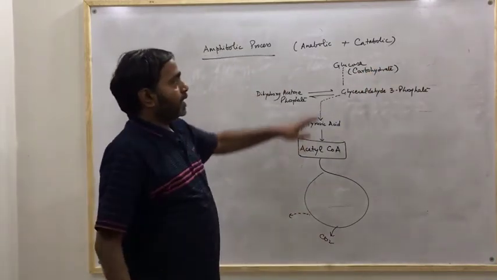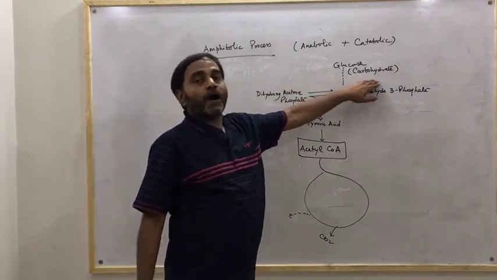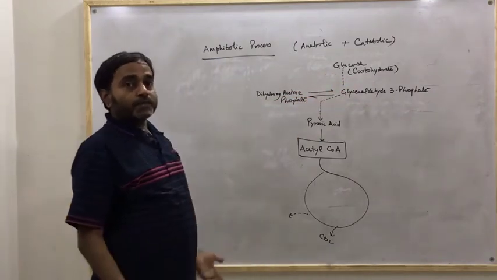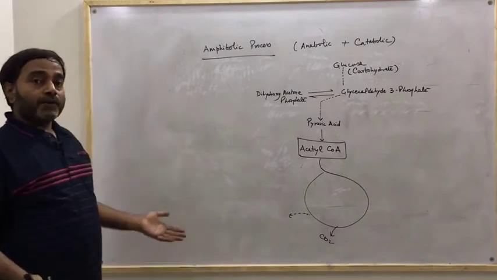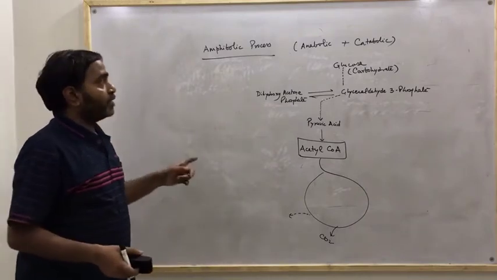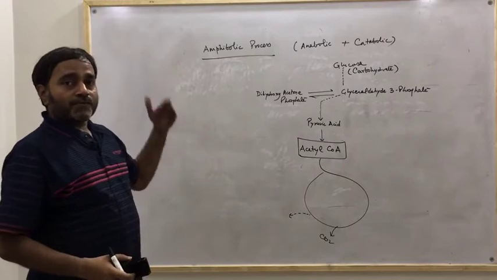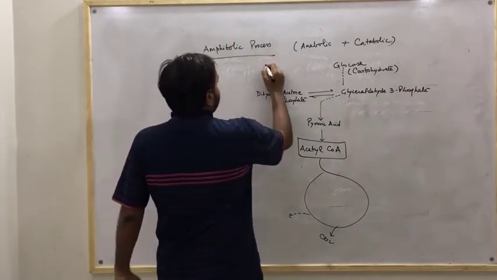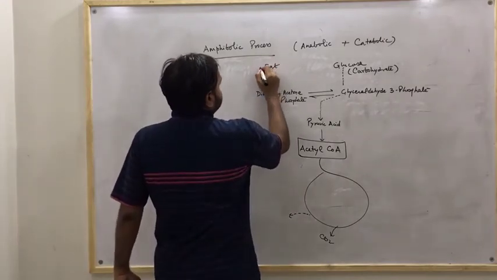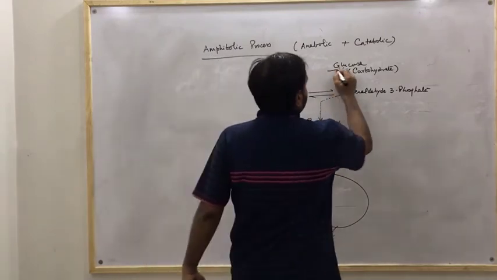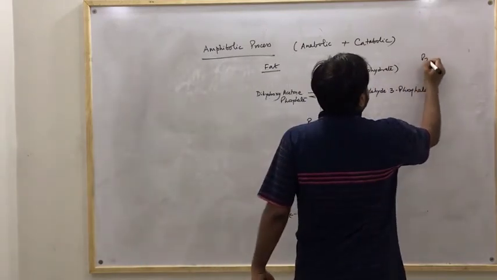It starts from glucose, a carbohydrate moiety, but you know that in our diet we are taking different other things like protein, fat, and all those things. Suppose we write fat here, this is glucose, likewise protein.